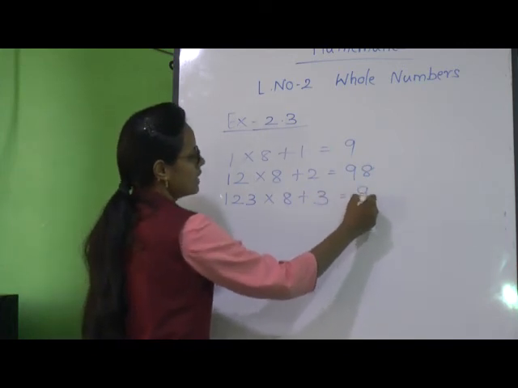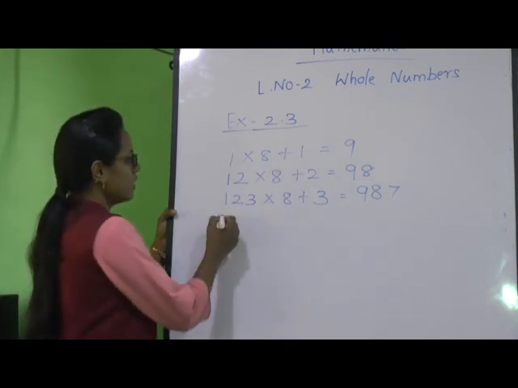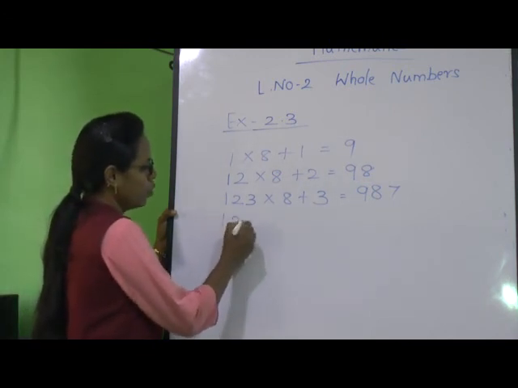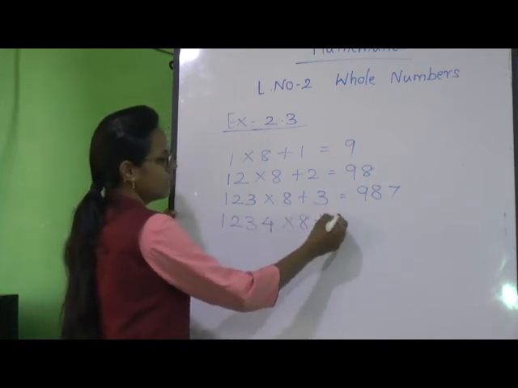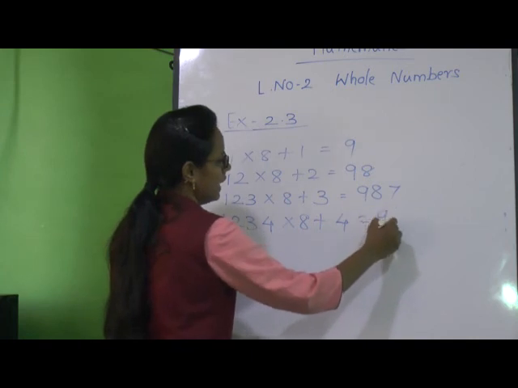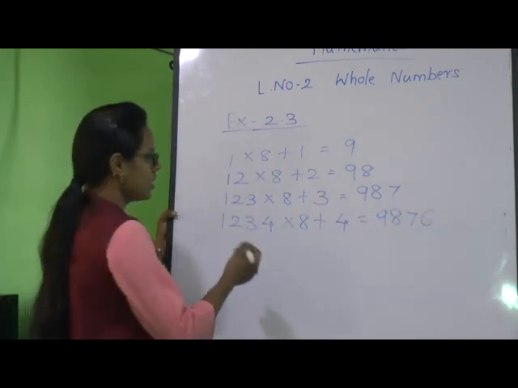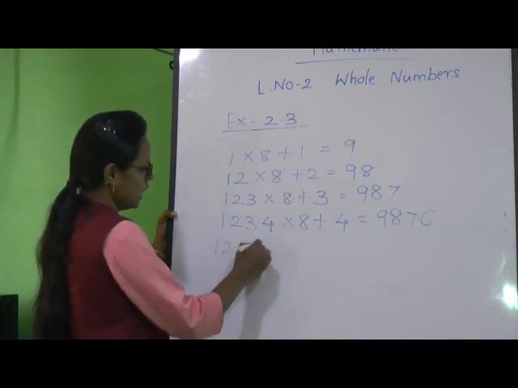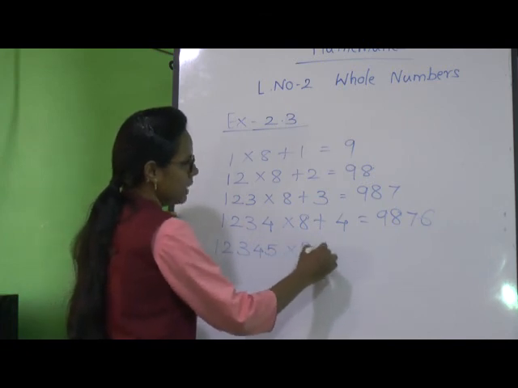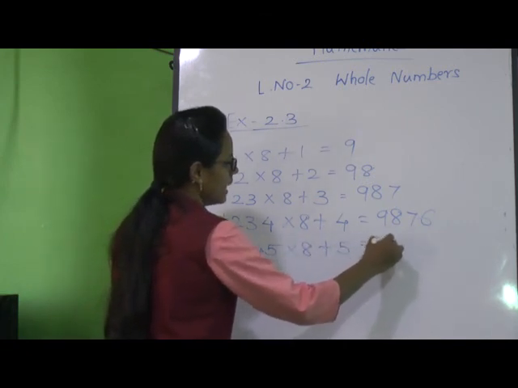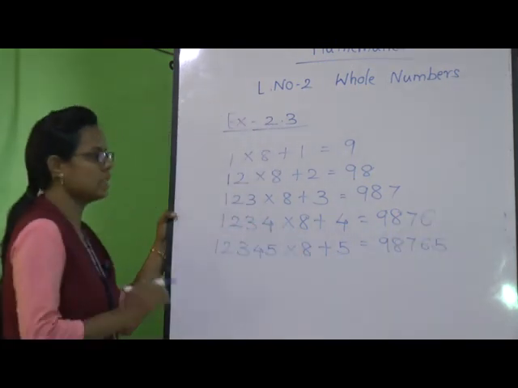We get the answer 987. Next step, 1234 into 8 plus the next number 4. We get 9876. Next, 12345 multiplied by 8 plus 5. We get 98765.